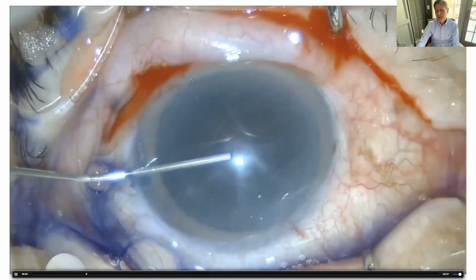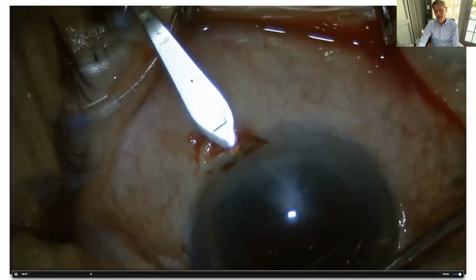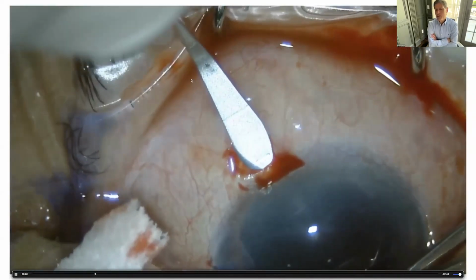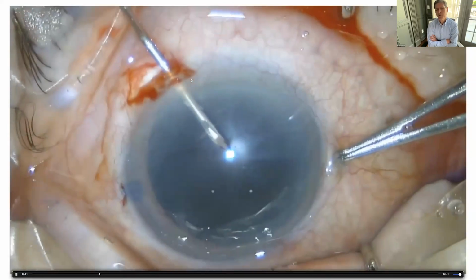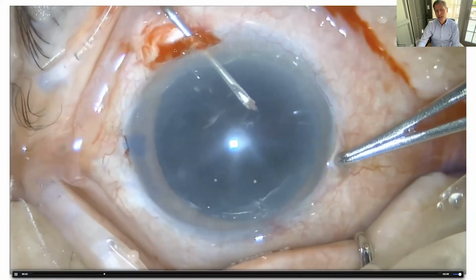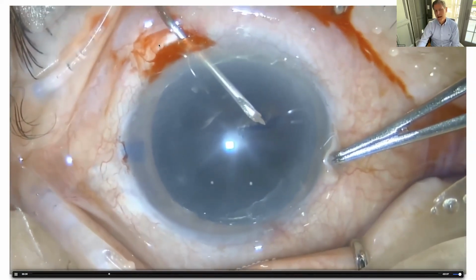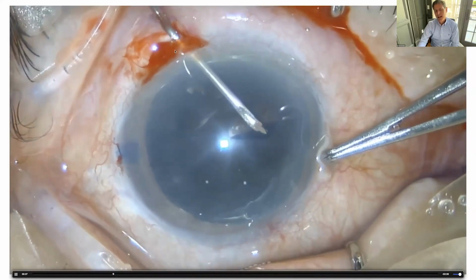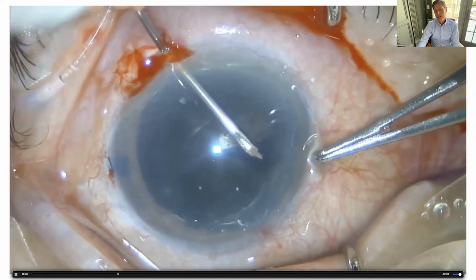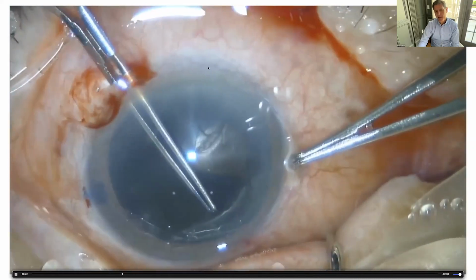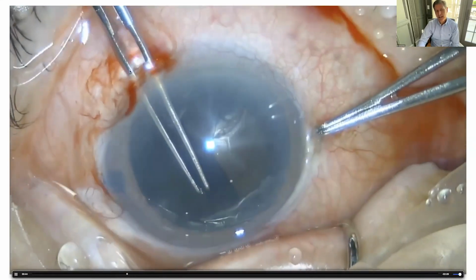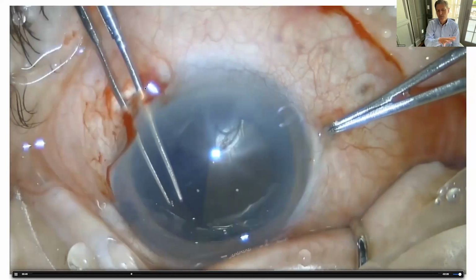Why did I do this? Because there's a high chance, or a very high chance, that I might need to convert. So by doing my incision at the surgical limbus in that peritomy, if I have to convert, then simply what I'll do is complete the peritomy and then basically do a corneoscleral wound starting from the previous one that I did.